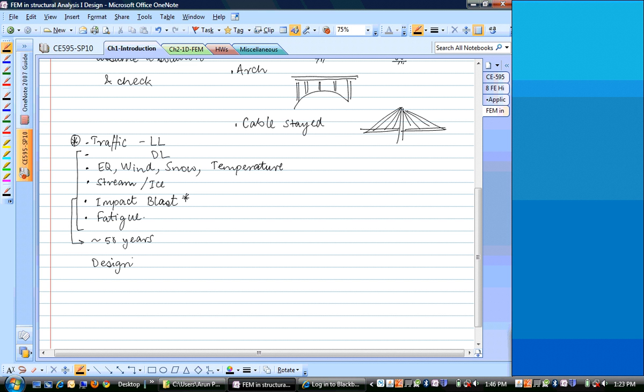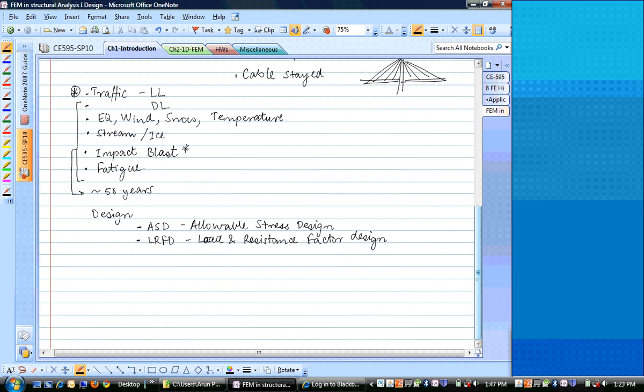So I'm sure you've already learned, usually we have two types of designs: allowable stress design and LRFD, which is load and resistance factor design. So these days, mostly people use the load and resistance factor design, right?